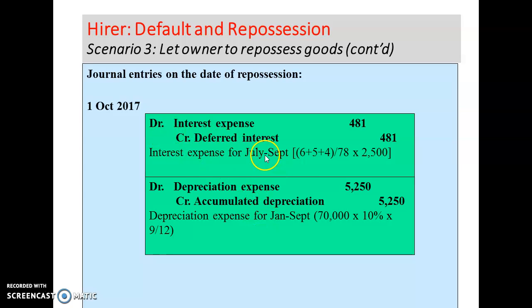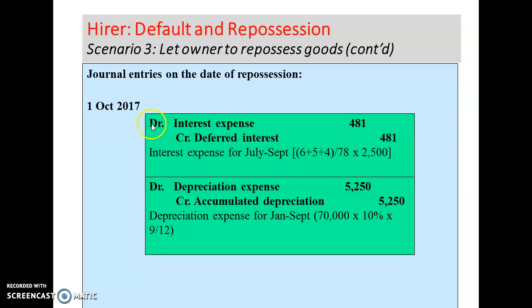Like this one, we assume that the company has recorded the interest from January until June. We have recorded that, but for July, August, September, the company has not yet recorded it because there's no installment payment, so no interest expense was recorded. So now we make sure we record the interest expense charge for July, August, September. Even though we do not make the installment in these months, the interest charge and the amount due still need to be recognized.